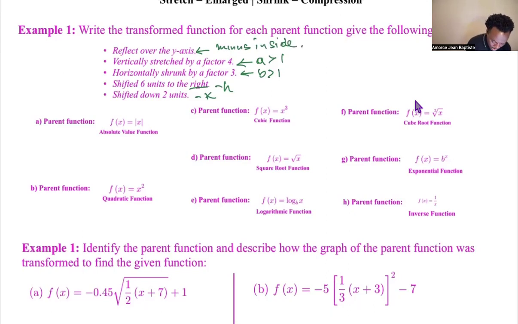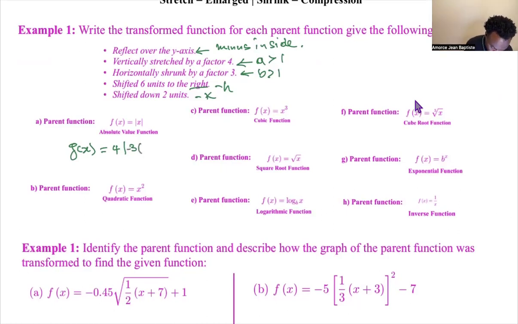So for f of x equals absolute value of x, g of x would be 4 absolute value, the vertical stretch. So that's going to be 3 with a minus in front of it because there is a horizontal reflection, a reflection in the y-axis.